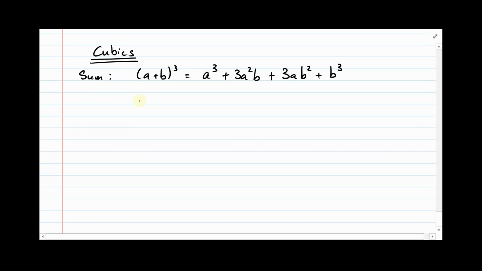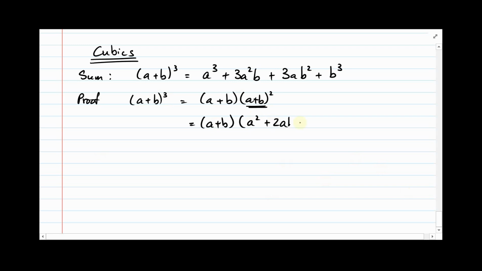Let's prove this actually. So we could write this as a plus b times a plus b all squared. We know the perfect square already. This is a plus b, first term squared, 2 times the mixed product, and the last term squared for that perfect square.